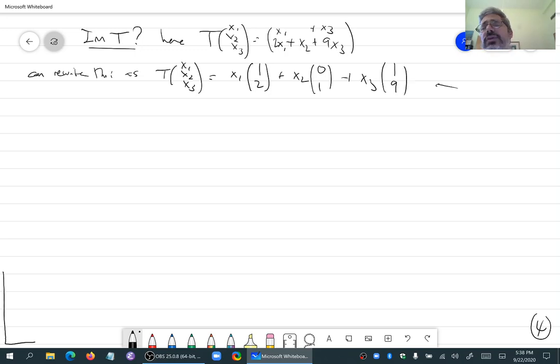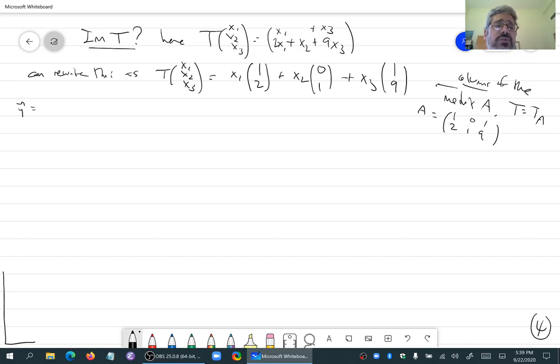And notice these are the columns of the matrix A, where T is the transformation of A, and A looks like 1, 0, 1, 2, 1, 9. Okay, and this all makes perfect sense, and we will come back to why.